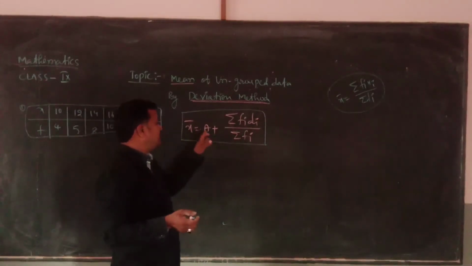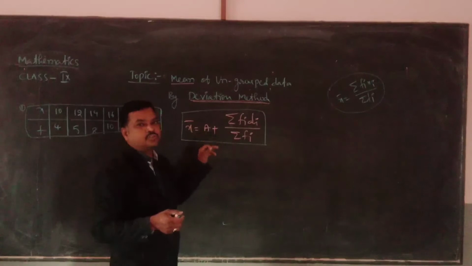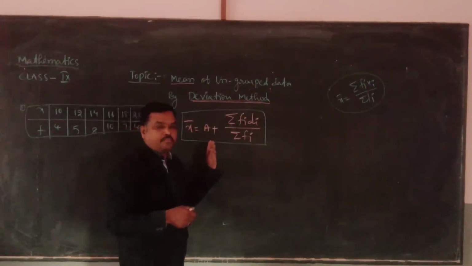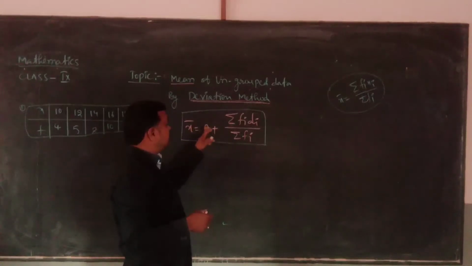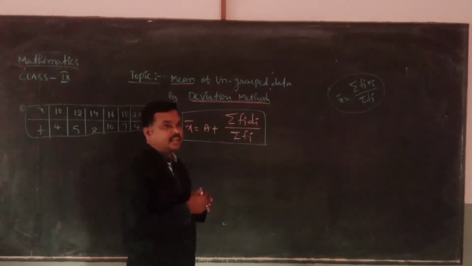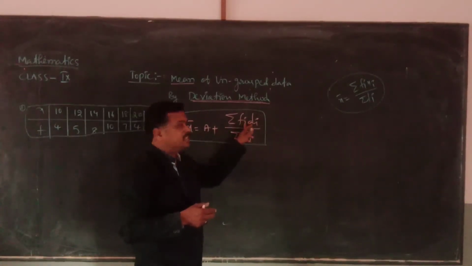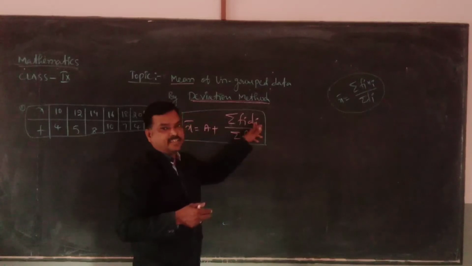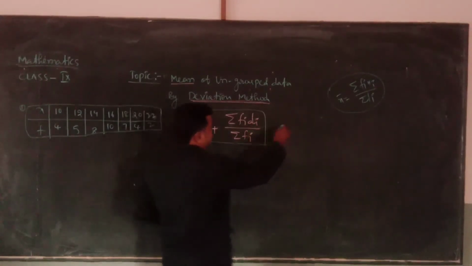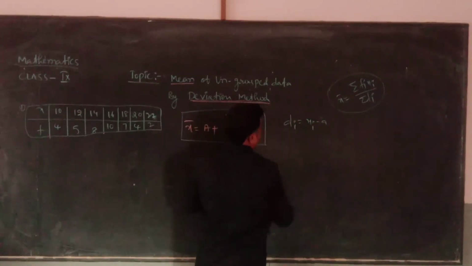In this formula, A is indicating the assumed mean. This we can choose from the middle classes among the given xi values. Fi is the frequencies. D is deviation. So the deviation formula is di is equal to xi minus a.